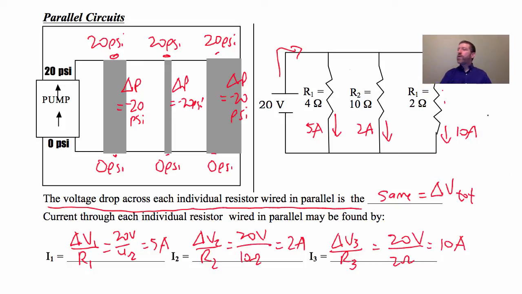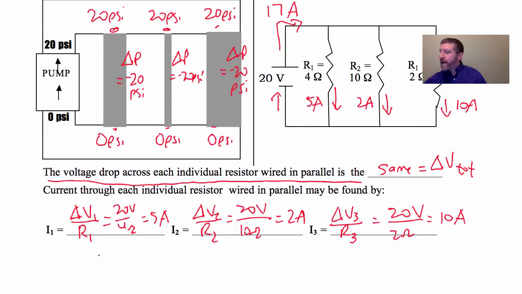What is the total current going into and out of our power supply? We just add up these branch currents. 5 amps, 2 amps, 10 amps gives us 17 amps of total current. And by the way, it is very true that I total will equal delta V total over R total.